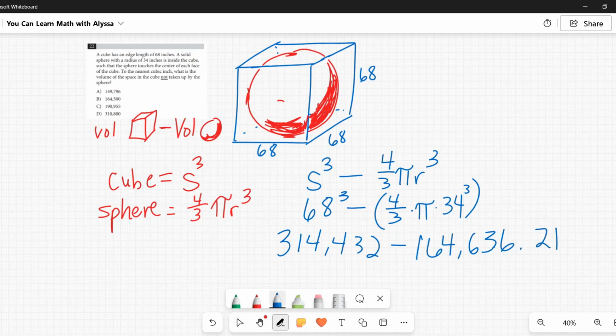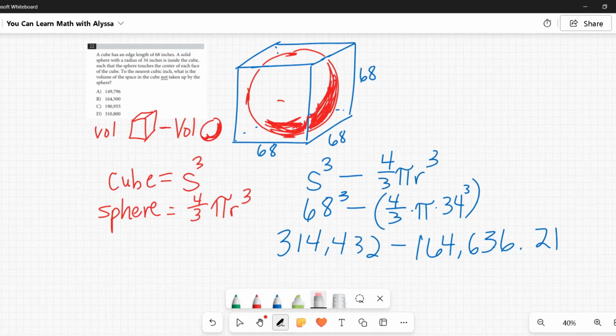164,636.21. Okay, now honestly, I'm really surprised that this number is not up there as one of the options. I would have expected them to put one of those two, either the 314,432 or the 164,636.21, but they didn't, which is nice, but I'm surprised they didn't.